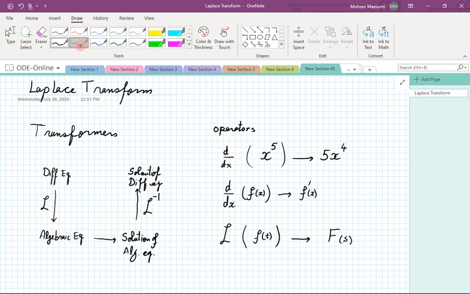So what are we doing? Instead of going straight from the equation to the solution, we are taking a detour. When we take that detour, this is going to be referred to as solution by Laplace transforms.